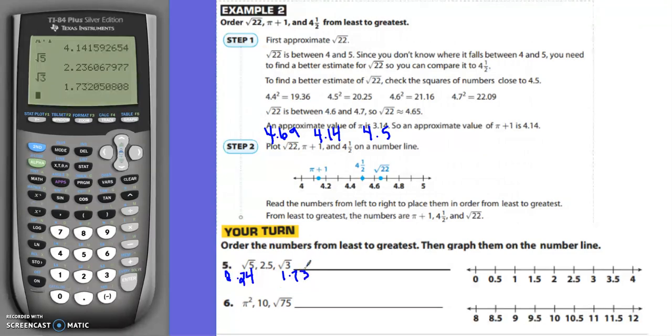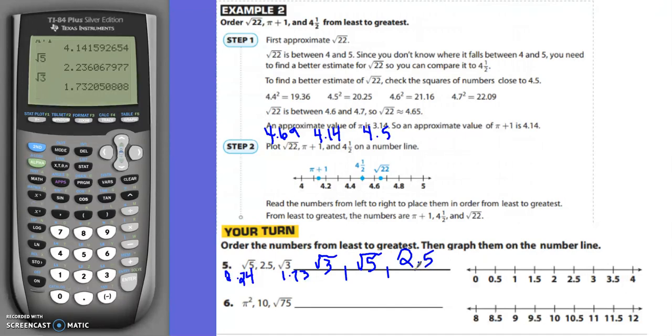Alright, so if we're arranging these from least to greatest, the square root of 3 is going to be the smallest. 1 is the smallest whole number out of these. Now these both have the whole number 2, but 2/10 is smaller than 5/10. So we have the square root of 5 second. And lastly, 2 and 5/10.